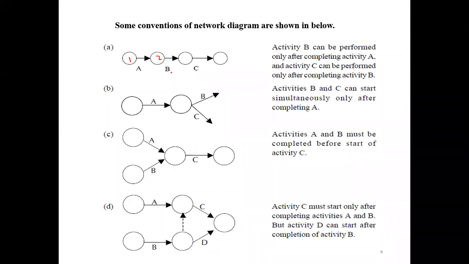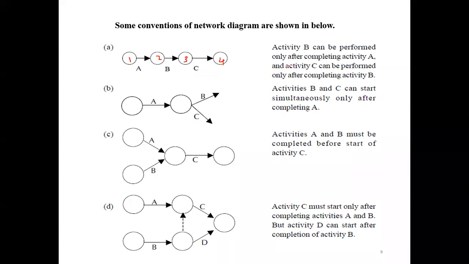Then once B finishes, the third activity C starts. If the project consists of only three activities, the project is completed with this event, event number 4. You have to assign the event numbers only in the logical sequence.